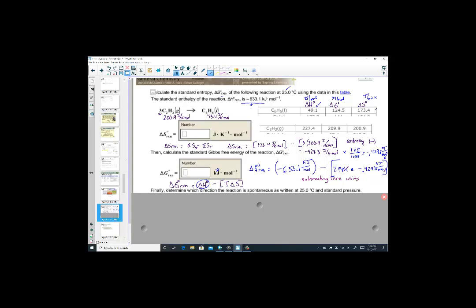So here I have an exothermic value, negative 633.1 minus, and then I'm going to put inside of a parenthesis 298 times negative 0.4293.